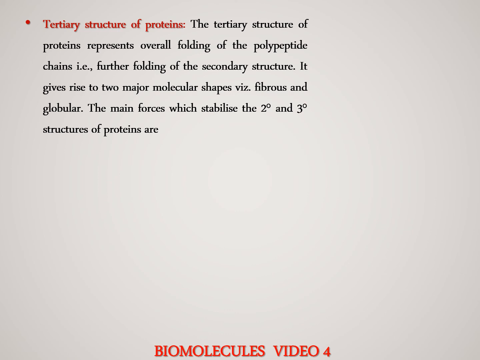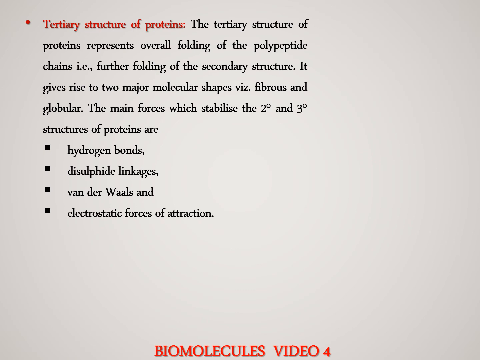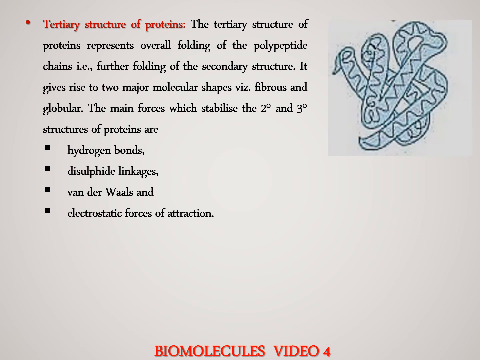The forces that stabilize the secondary and the tertiary structure of the proteins are hydrogen bonds, disulfide linkages, van der Waals forces, and electrostatic forces of attraction. So this is how the tertiary structure of the protein looks like.